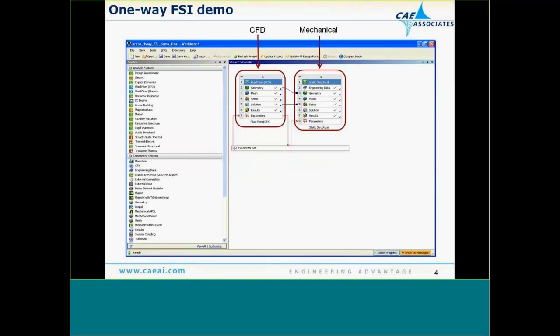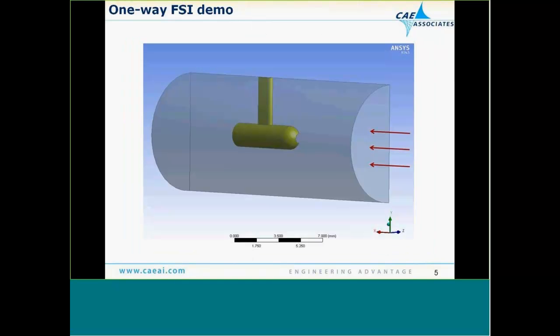To look at the coupling scheme in Workbench, we started with the CFD analysis in today's demo, and then transfer the solution to a static structural system to look at the deformation from the mechanical solution. The data on the geometry can be shared between the components. What we're looking at in a simple example is a pitot tube device suspended in free stream air. You can see my cursor here.